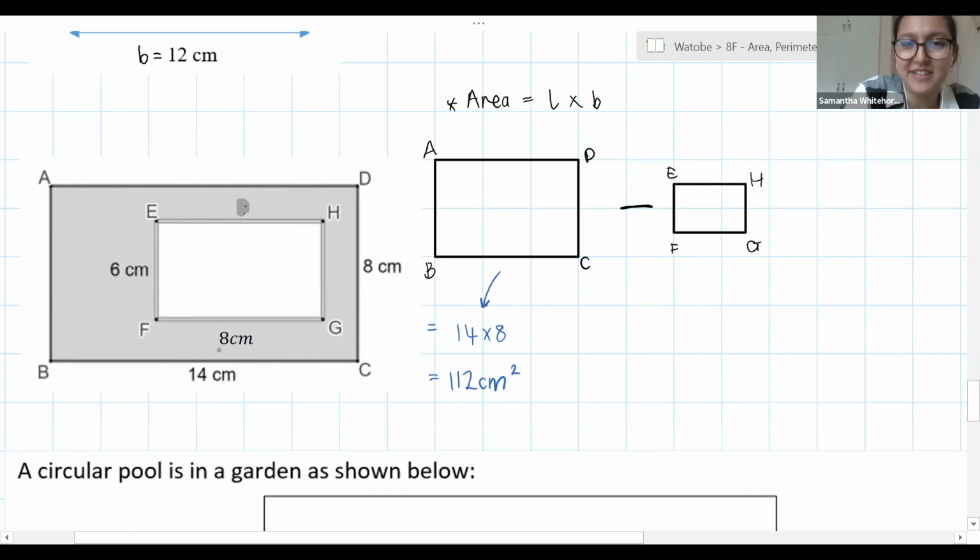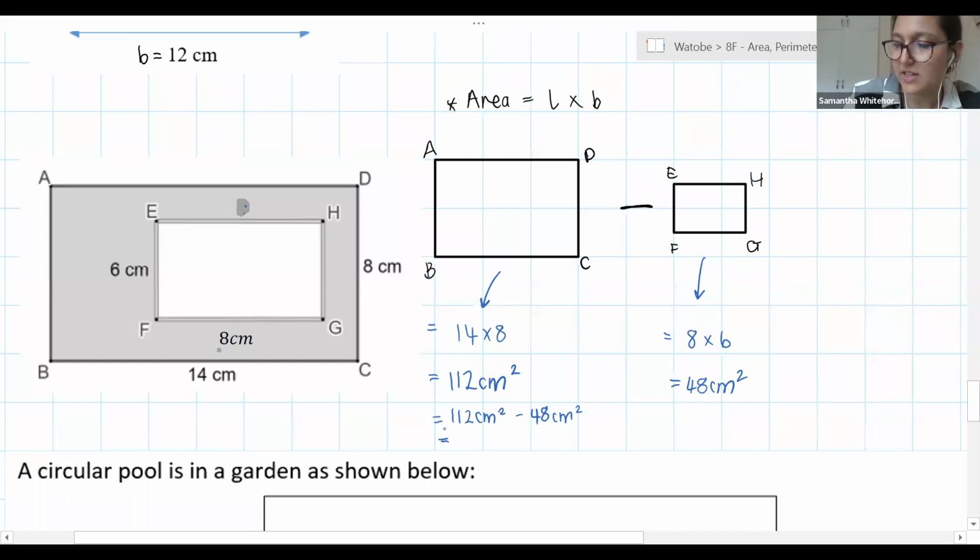And the small square, I said 8 times 6, which is equal to 48 centimeters squared. Good. Then I said 112 centimeters squared minus 48 centimeters squared, which is equal to 64 centimeters squared.